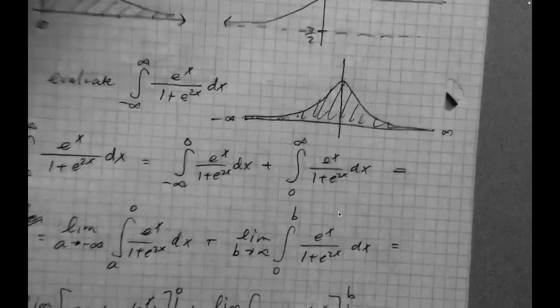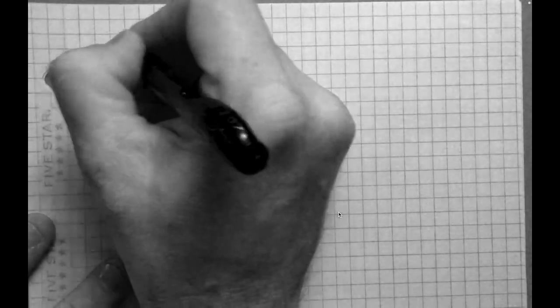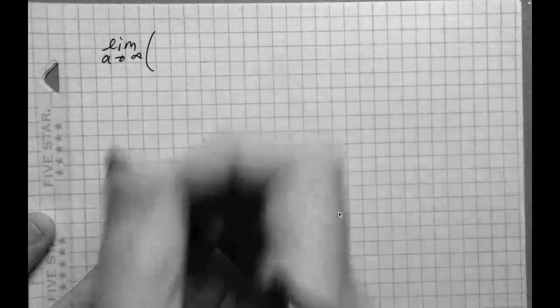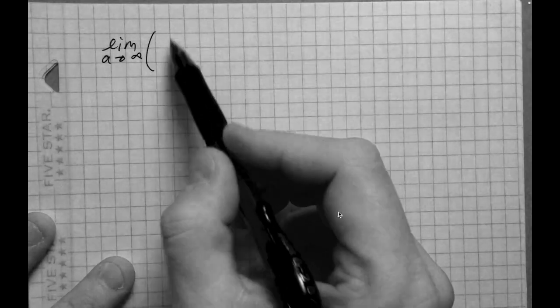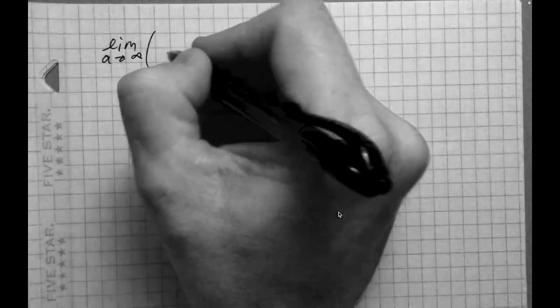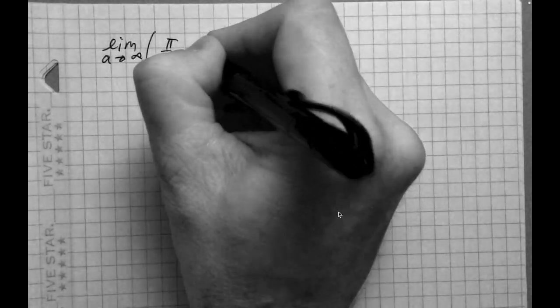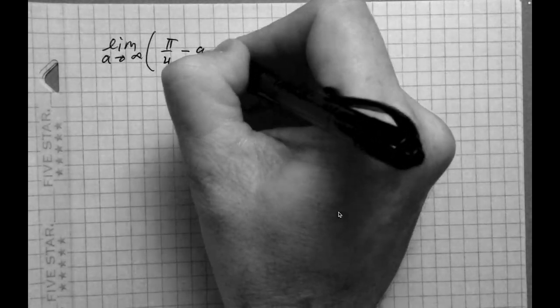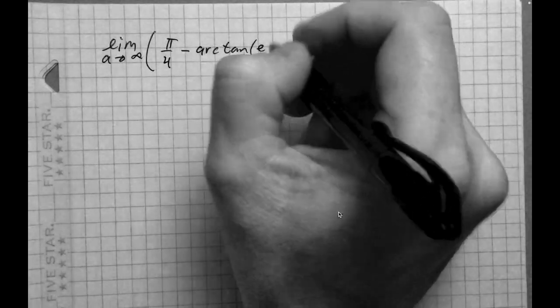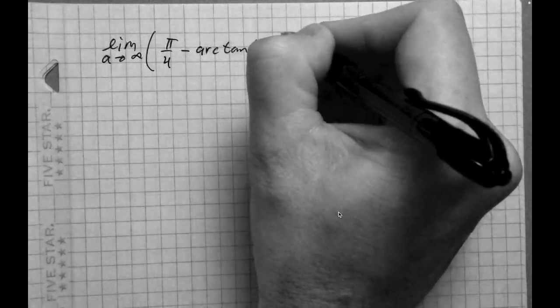With that, we can plug in our endpoints. We get the limit as a goes to negative infinity of pi over 4, since when we plug in e to the 0 we get arctangent of 1, minus the arctangent of e to the a power.